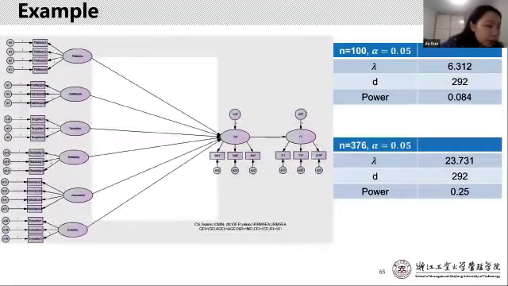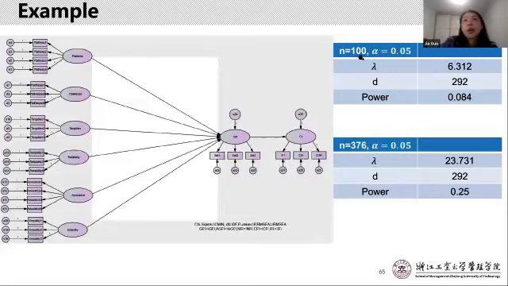Then similarly, we have another example. The model is the same model in PLS that we studied. This is the model, and here we also look at the tables.